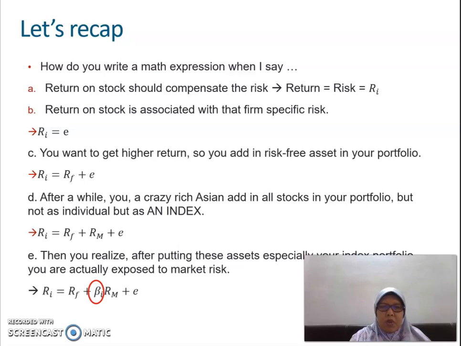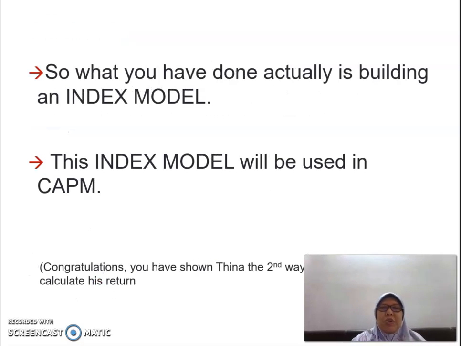RI equals RF plus beta, because remember Tina invested in a market index, so associated with it is market risk. Therefore you need to put beta. So what you have done actually is building an index model. All right, congratulations. This index model will be used in CAPM.